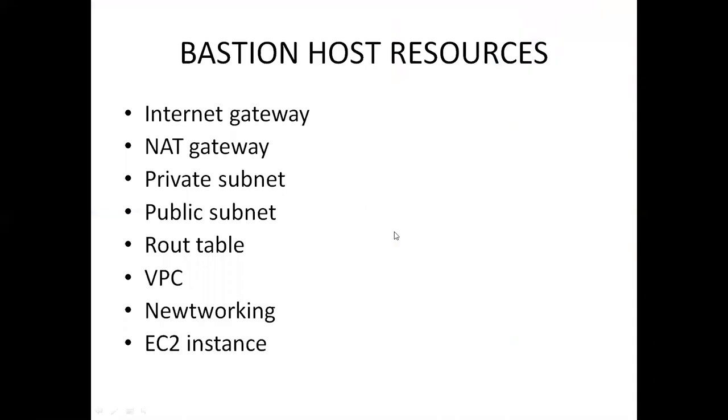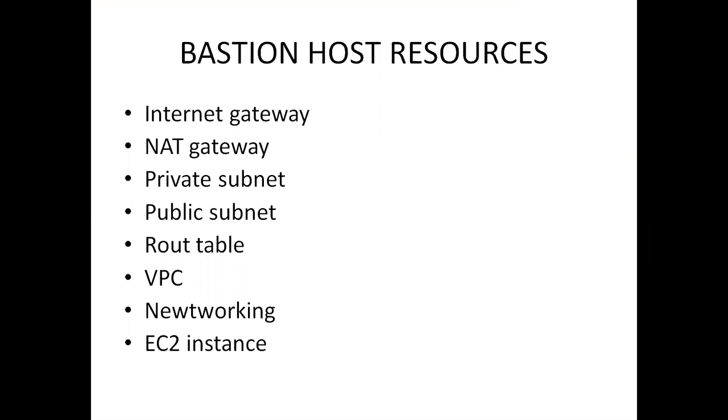These are the things that you need to have a Bastion host. We must have an internet gateway. We need a NAT gateway. We need a private subnet and a public subnet. What makes a subnet private or public is the gateway attached to it.